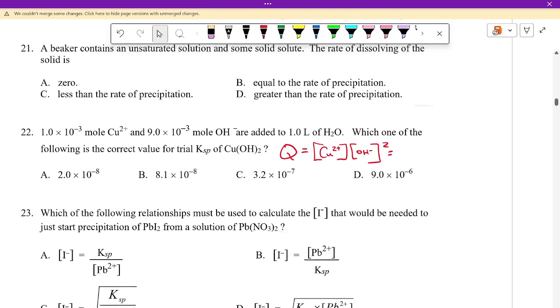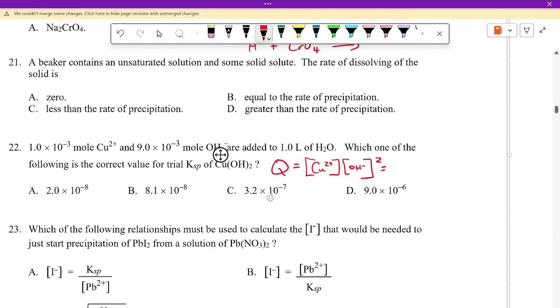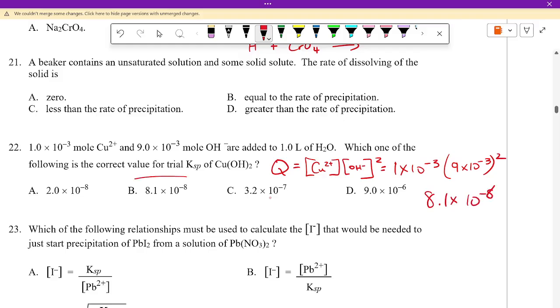And that is going to be 1 times 10 to the negative 3 times 9 times 10 to the negative 3 squared, which is 8.1 times 10 to the negative 8. Yes. 36. Is that okay there, Justin? Okay, cool. 36.